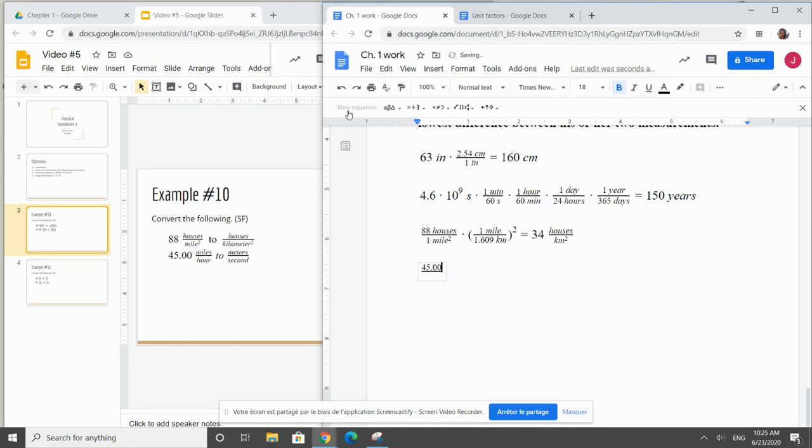So 45.00 miles over 1 hour. And then I'm going to start with my numerator. I'm going to convert miles to kilometers, or to meters, actually. I'm going to have to stop through kilometers first, though.